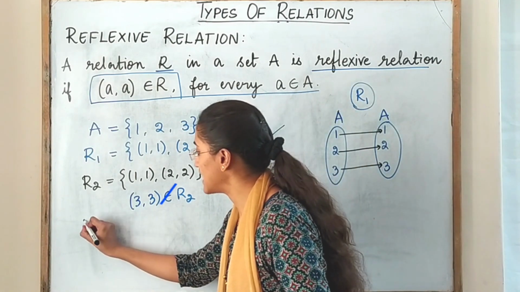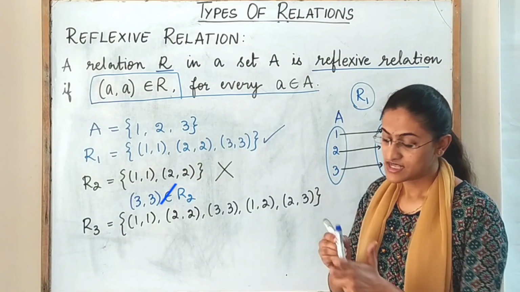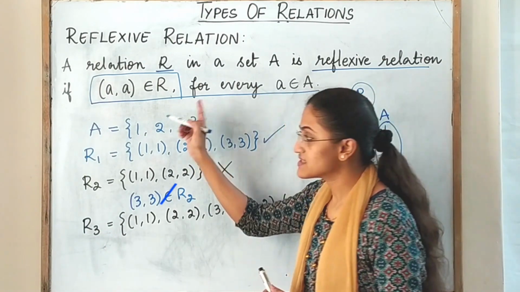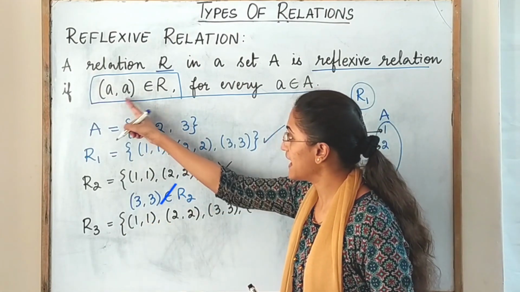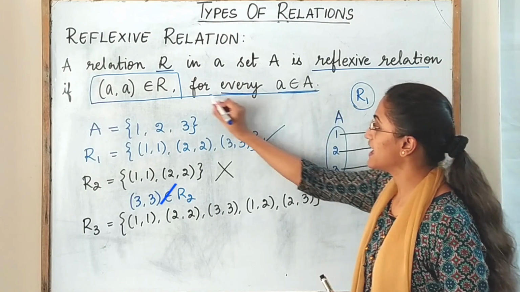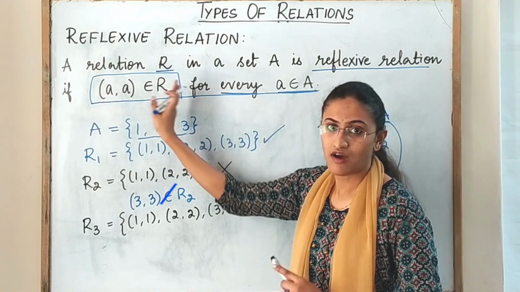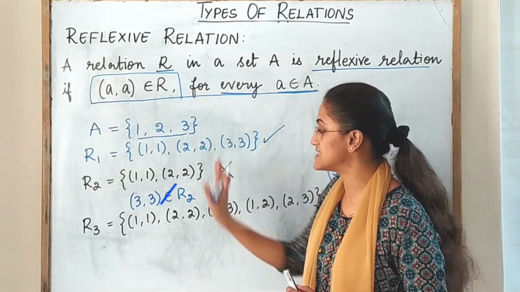Now, if in case I am writing another relation R3, now check out, as per the definition, (a, a) belongs to R for every a belongs to A. It means that all elements of A should be of the form or should be related to itself.